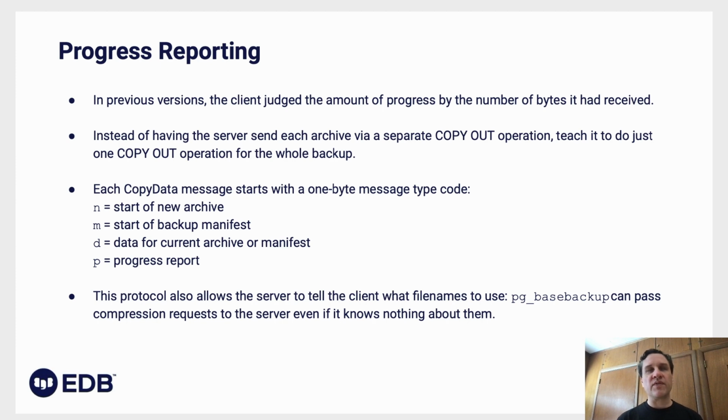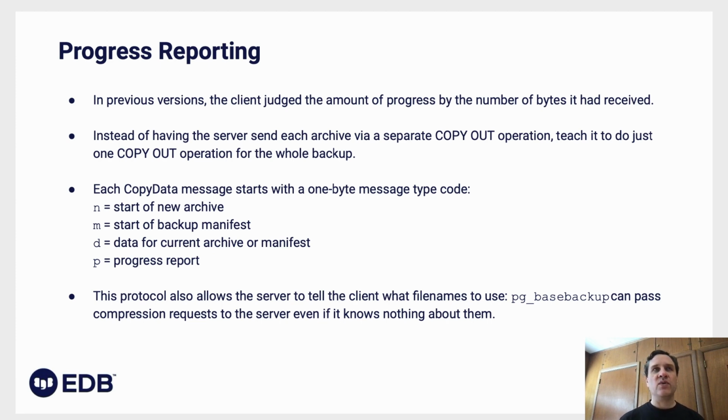Because in the case of server-side compression, the client isn't going to receive the full number of bytes that the server has, because the compression is going to reduce the amount of data that needs to be transmitted. And in the case of a backup target, the client isn't going to receive any bytes at all. They're going to be sent to some other location. So we needed to somehow revise this protocol.